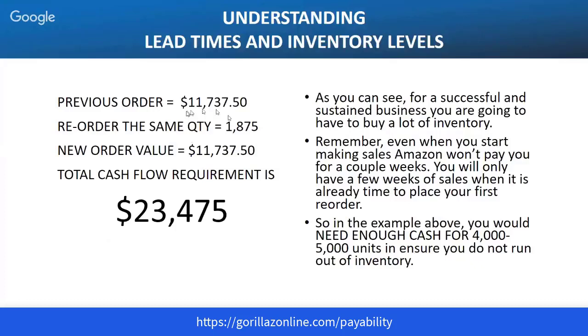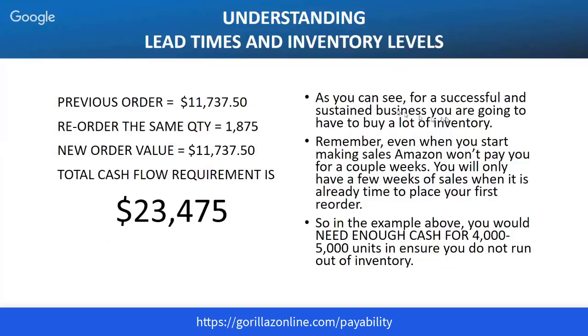Now, bearing in mind this is cost and not sales revenue. So if we're buying a product for $5.75, we'll probably be selling that for $20 potentially. Okay, so your revenue is going to be there.